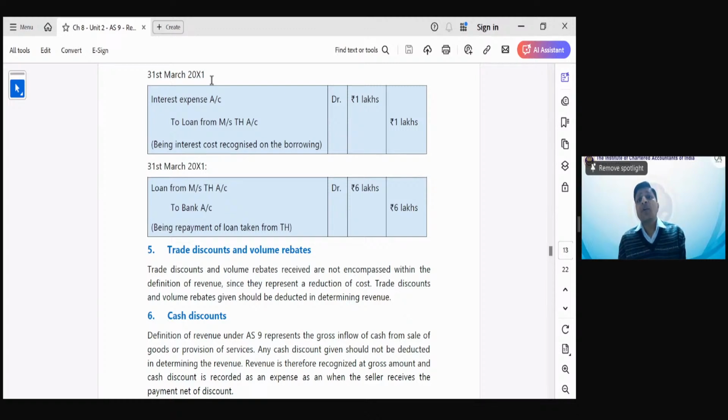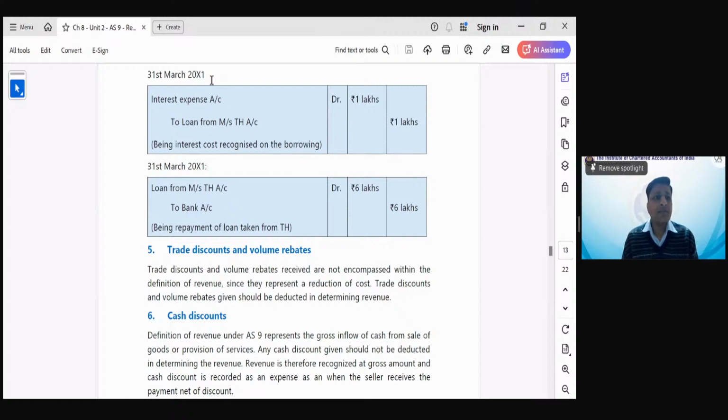Cash discount you will debit, because it's P&L. Because your party's balance will go down. So it is cash discount to party, and cash discount is something you will take to P&L, or you can say P&L to party. So that's how it will look.